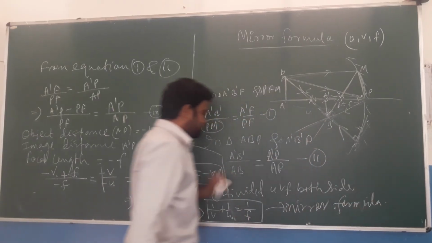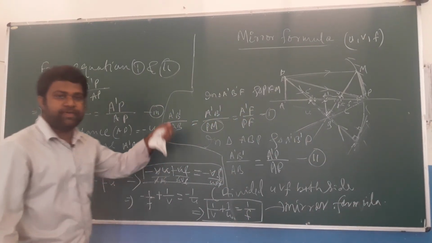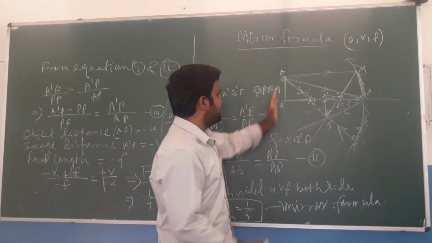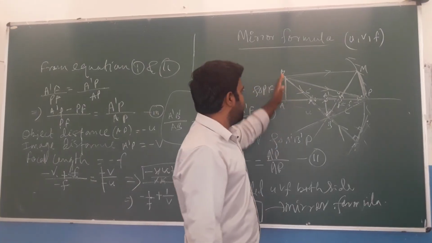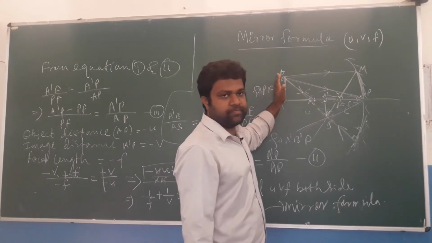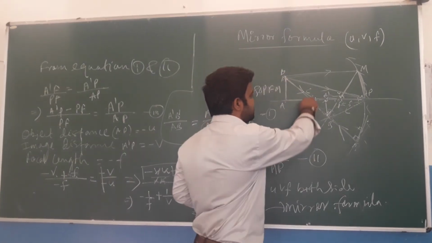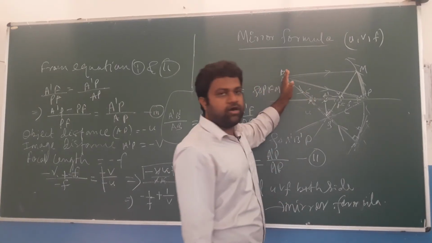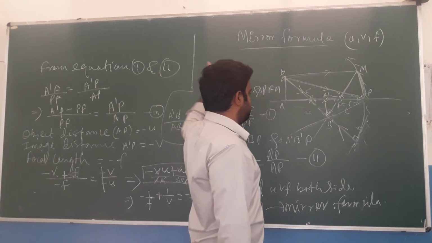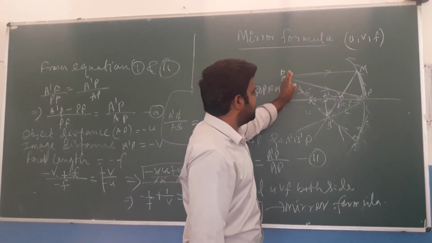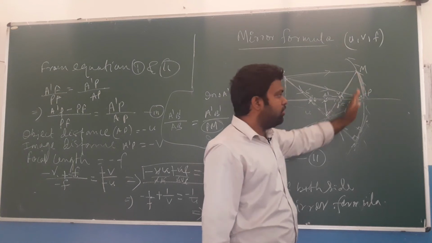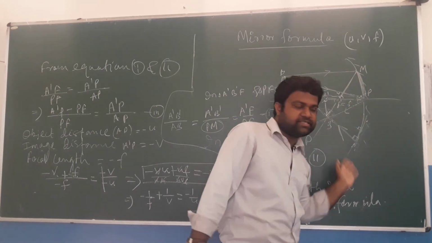One thing you remember, this equation is valid for convex mirror and the other cases too. Here I have kept the object beyond C, the center of curvature. You can keep the object here also, or take the case of convex mirror.